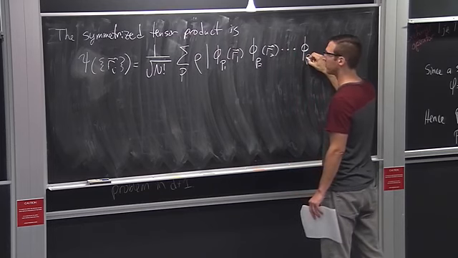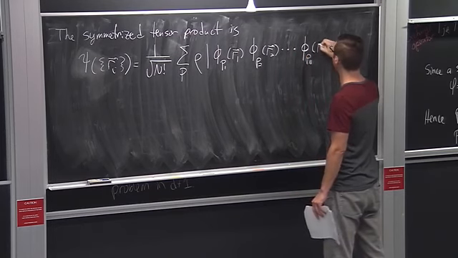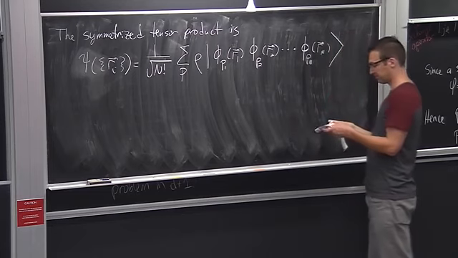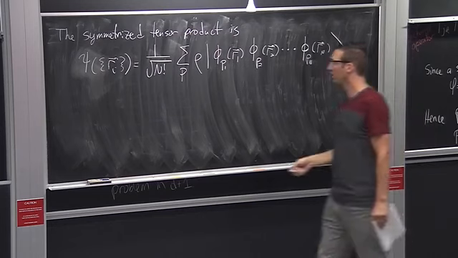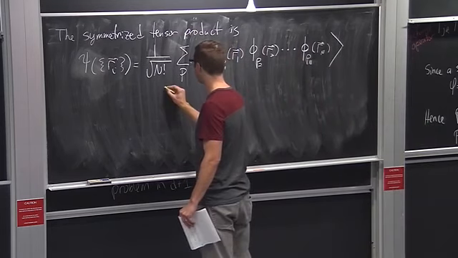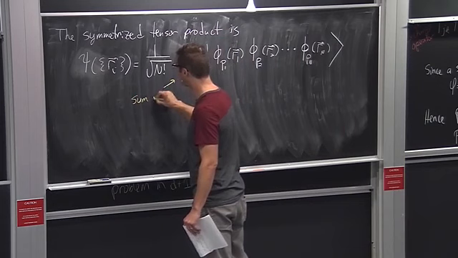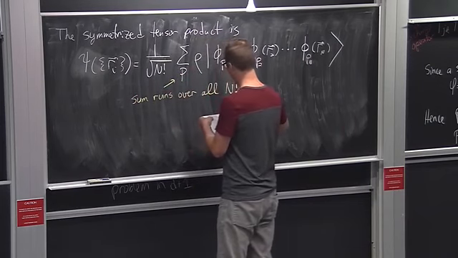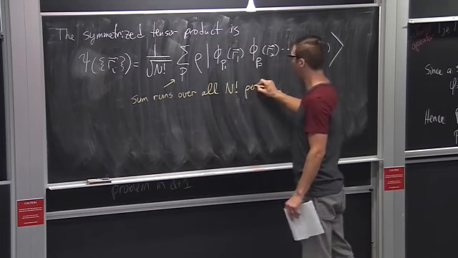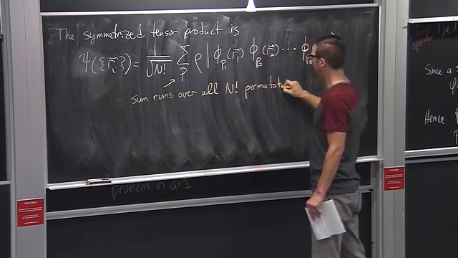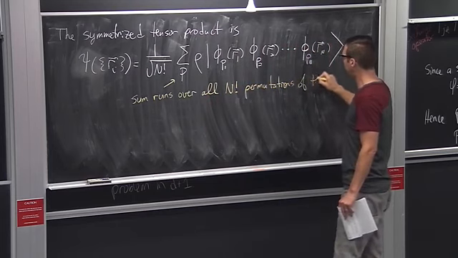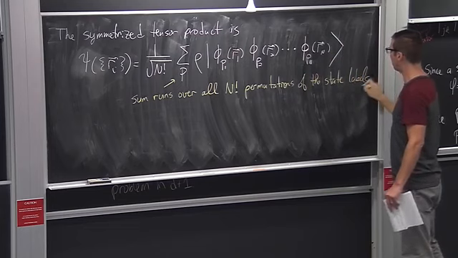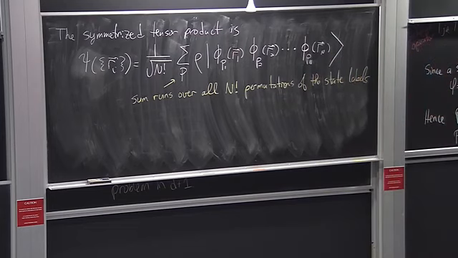So permutation N, R, N. Okay, so this sum runs over all permutations of the state labels.